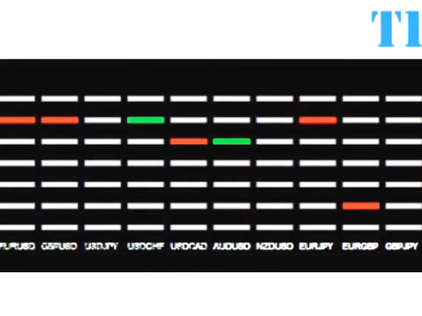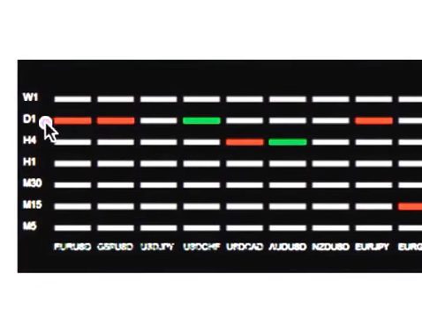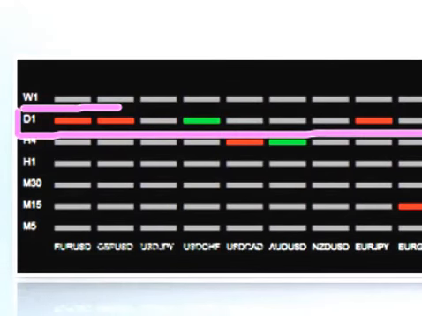Let's assume I am a daily time frame trader. My favorite time frame of choice is the daily time frame. So what I need to do is simply look into this row here to see what particular currency pairs are trending in my favorite time frame of choice, right?